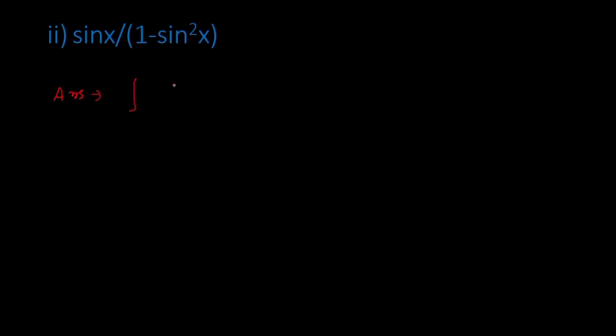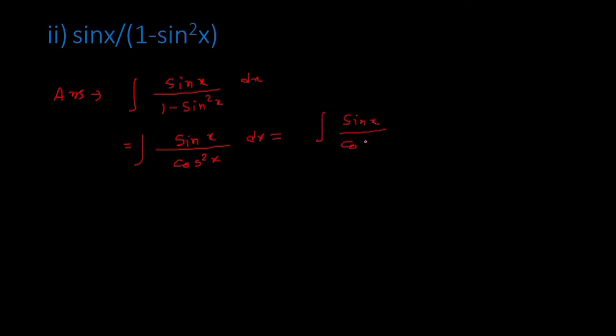So we have to find integration of sin x by 1 minus sin square x dx. Before finding the integration, we need to simplify the expression. So how to simplify it? As we well know, 1 minus sin square x means cos square x. Now we can write it as sin x by cos x into 1 by cos x dx.